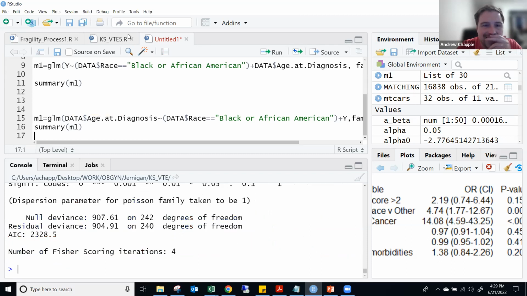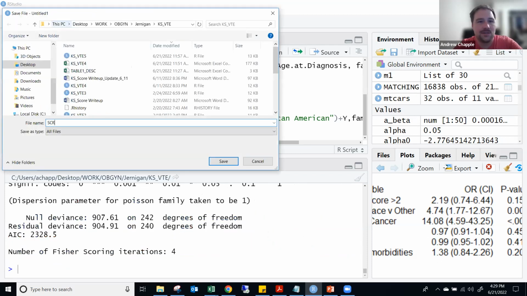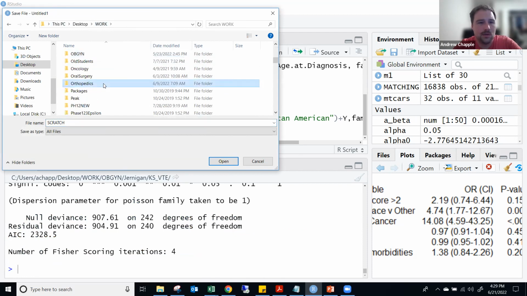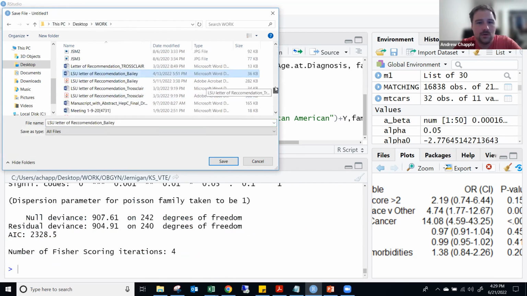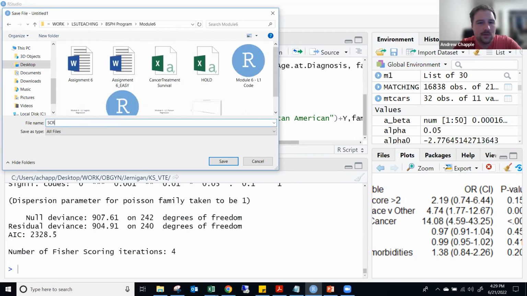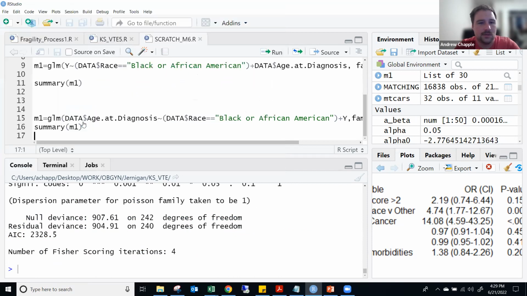So for this data set, let me put scratch, BSPH module 6, scratch M6.